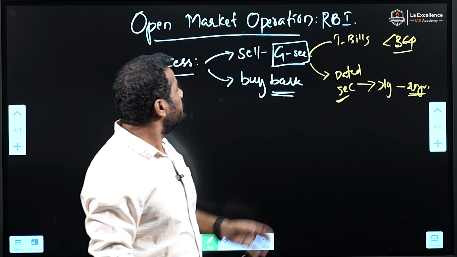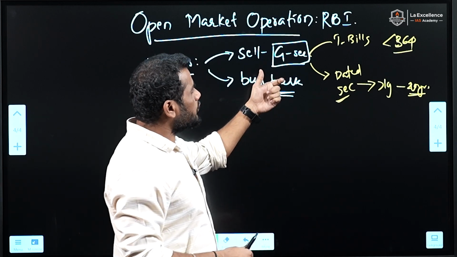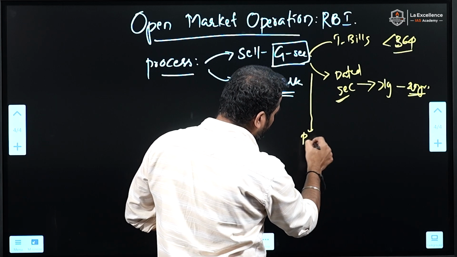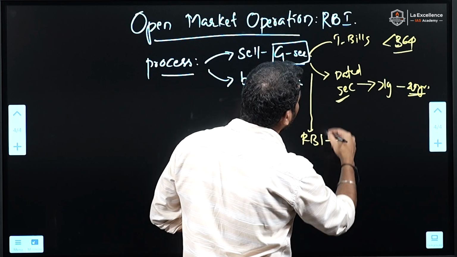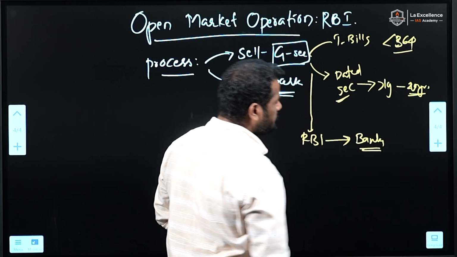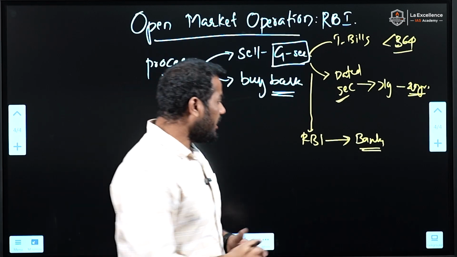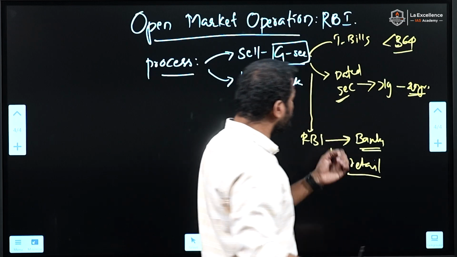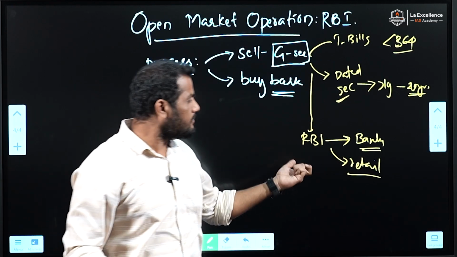Whenever a G security is issued by the government, RBI sells it to commercial banks, private entities, and also retail individuals can buy G securities in the Indian market.